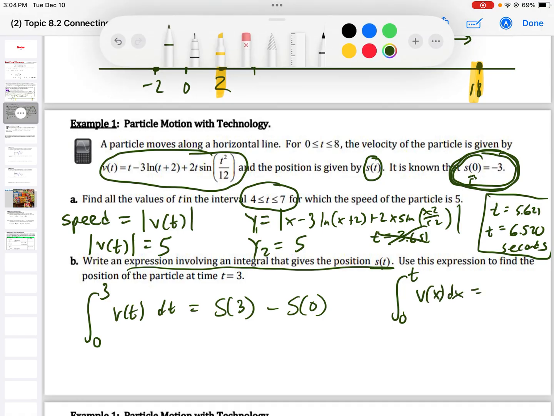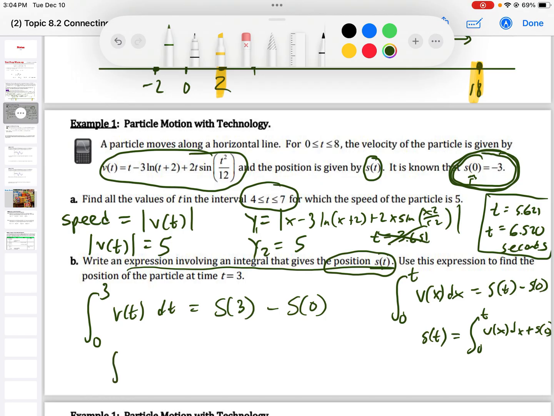And this is v of x dx, just a dummy variable, equal to s of t minus s of 0. So s of t would be equal to the integral from 0 to t of v of x dx plus s of 0. And that would be an expression I could use to solve for any value of t, because that's what it's saying here.